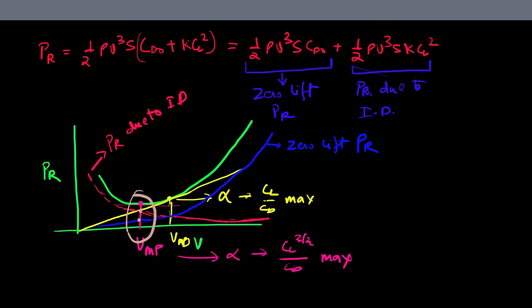And also from the mathematical result we know that at minimum power condition CD naught is equal to 1/3 of CDI, or CDI is equal to 3 times CD naught. So we can say that power required due to induced drag is 3 times the power required due to zero lift drag. So this is how the power required curve looks.